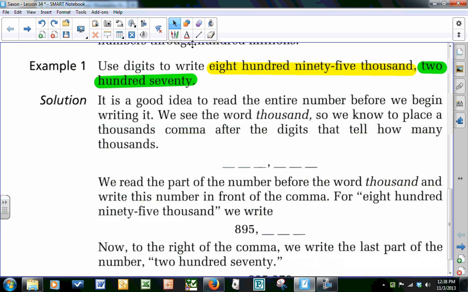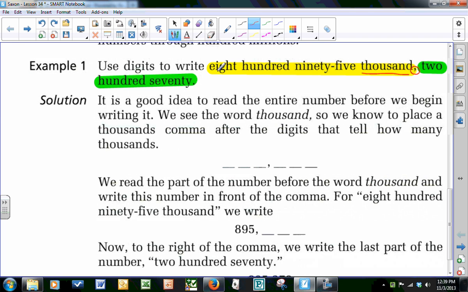So when you're writing a number using digits, especially a really big number, look for our friend, the comma. Right there it is. Hello, comma. 895,000. Now, you see the comma? I want you to stop. When you see the word thousand, like you see right here, that tells you the place value.